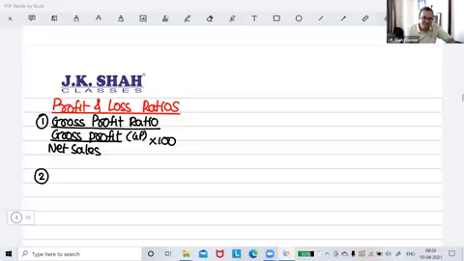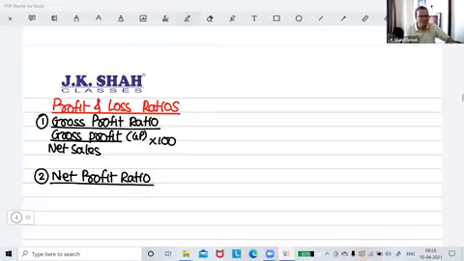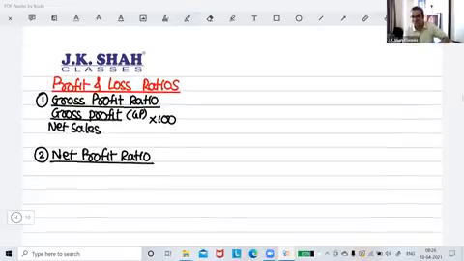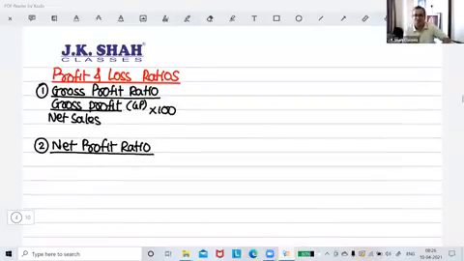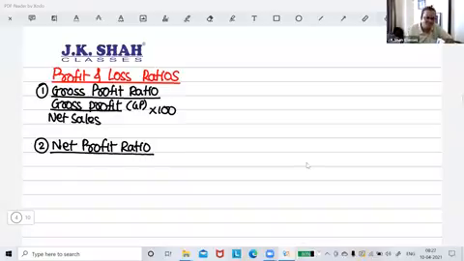Okay. Let's write the next one. Net profit ratio. So this we discussed just now. What is that? NPAT upon sales, right? Samhita, you just wrote net profit, which is correct also.